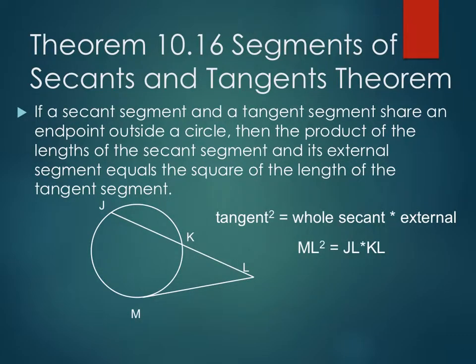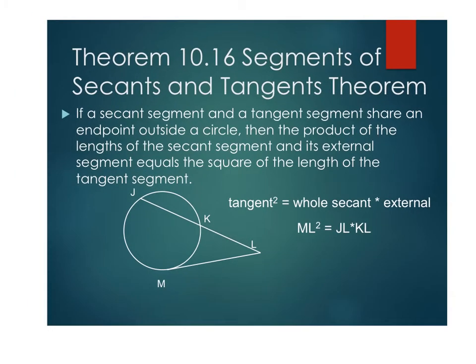Theorem 10.16, segments of secants and tangents theorem. So now we're going to have a tangent line and a secant line. If a secant segment and a tangent segment share an endpoint outside a circle, then the product of the lengths of the secant segment and its external segment equals the square of the length of the tangent segment. So we have our tangent segment, which is here, and it's going to be the amount squared.